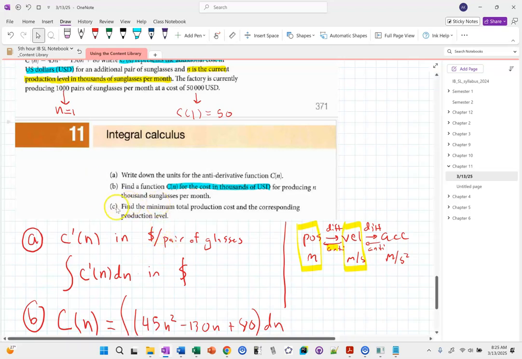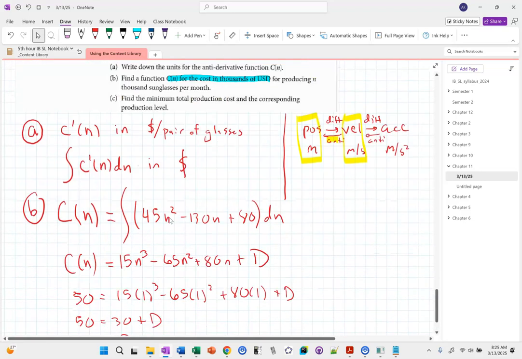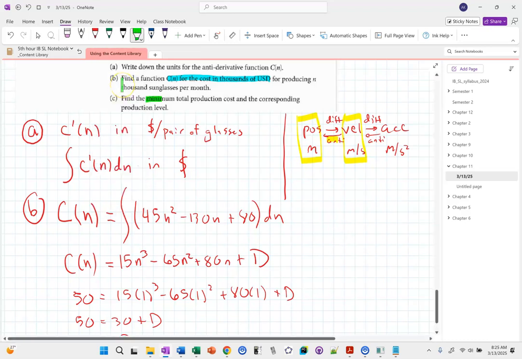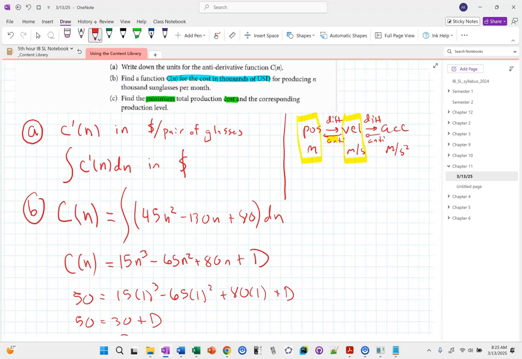And then part C says find the minimum total production cost and the corresponding production level. So if I read this question, I want to minimize the cost. So I need to look at where C prime is equal to 0, right? Everybody agree?